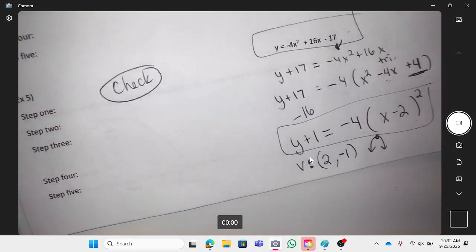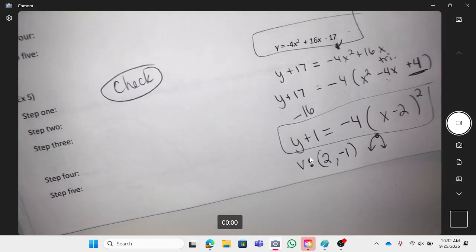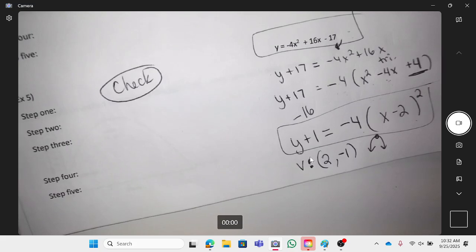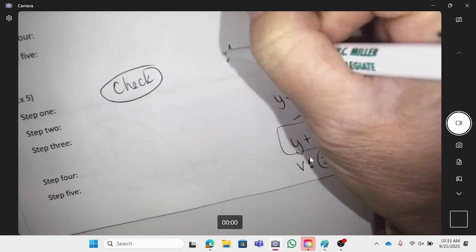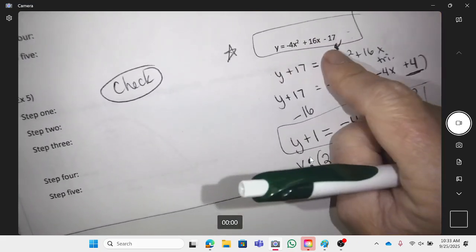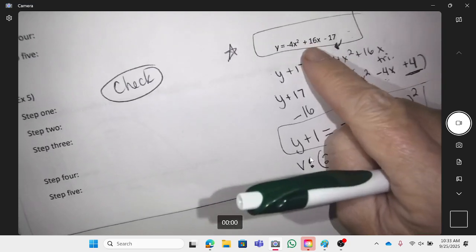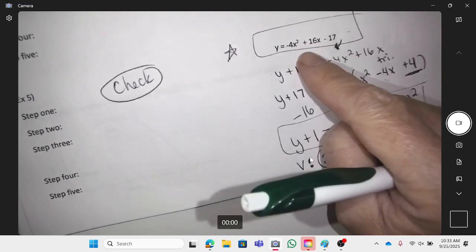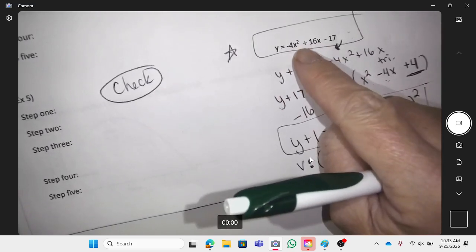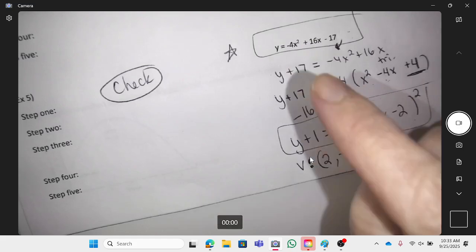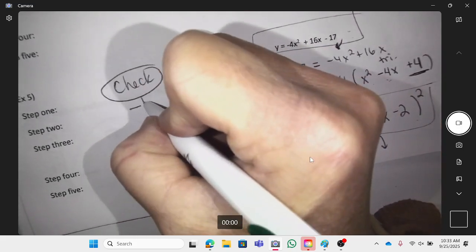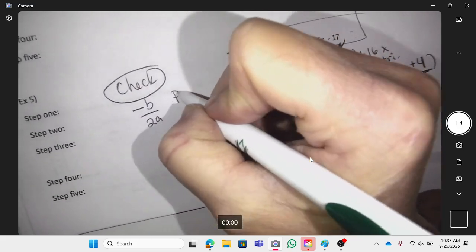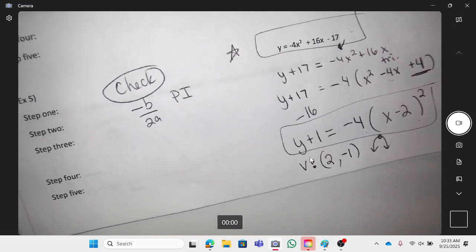Okay, here's what I want you to do. We're going to check your answer. Ready? If I'd only given you this, what should you do to get the vertex? You should do negative b over 2a and plug in.